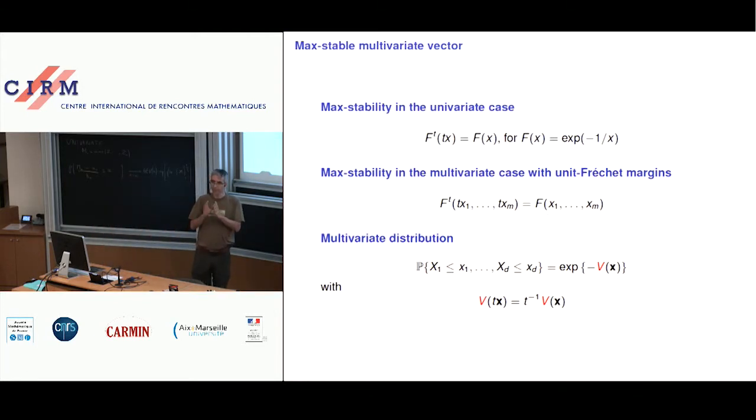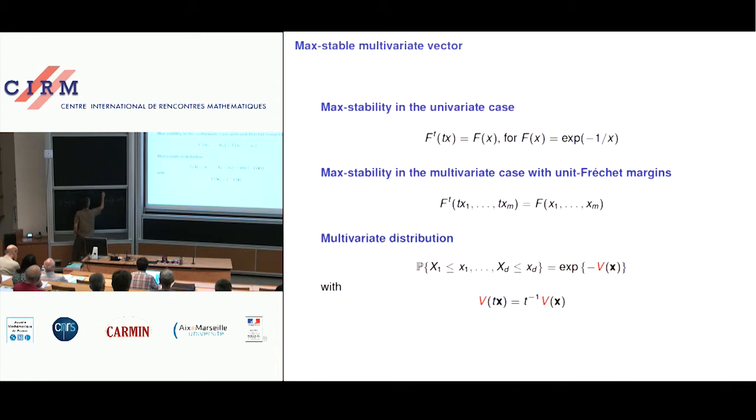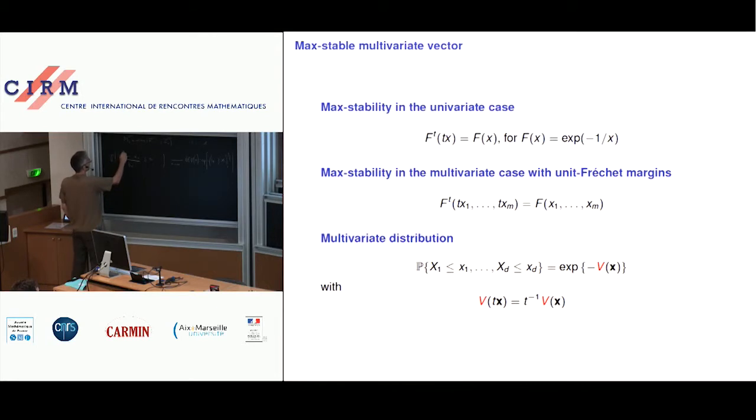Another way to see that is to answer the question the following way. If you take the component-wise maxima, so now you don't have one time series Z, but you have, let's say, i equals 1 to d, where the dimension is d, this is not exactly true anymore.